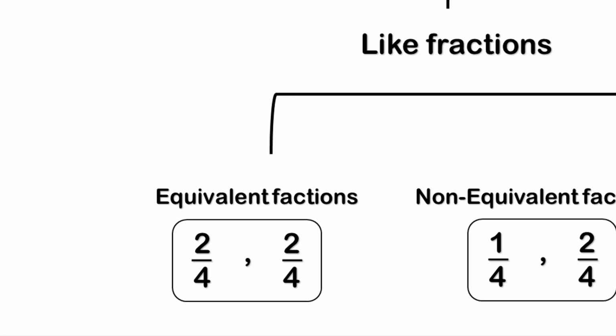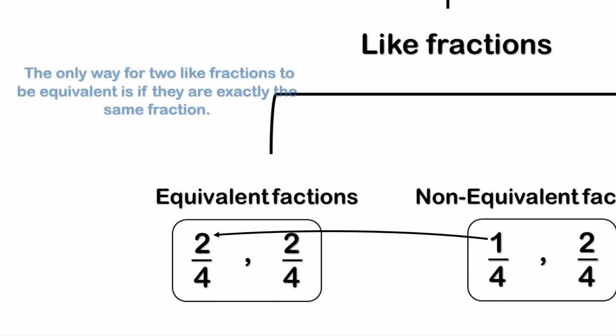For like fractions to be equivalent, the numerators must also be equal. So if we change this 1 over here to a 2, they would represent the exact same value and become equivalent fractions. In fact, the only way for two like fractions to be equivalent is if they are exactly the same fraction.